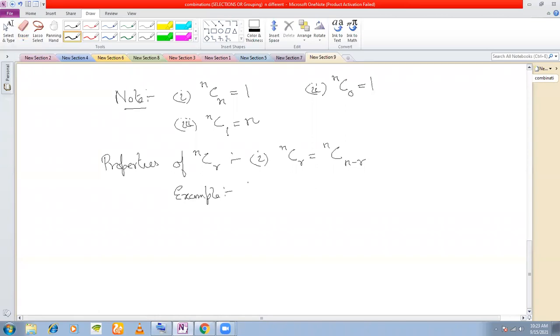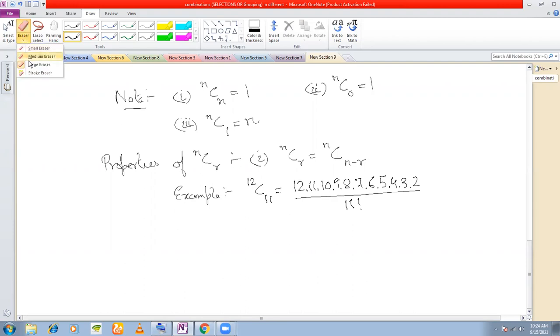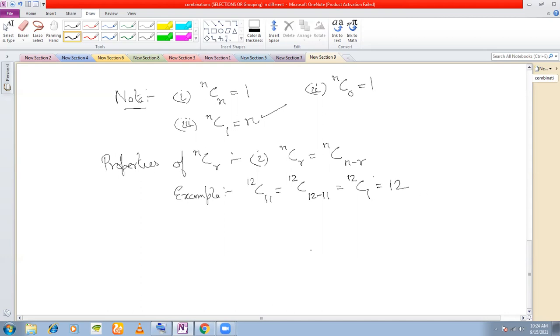For example, if I want to calculate 12C11, will I write it this way: 12 into 11 into 10 into 9 into 8 into 7 into 6 into 5 into 4 into 3 into 2 divided by factorial 11? No, sir. This is going to be very long, isn't it? So in such a case, when the values of n and r are very close to each other, we use this property. 12C11 will be equal to 12C(12 minus 11), which will be equal to 12C1, and NC1 is equal to n, which will be equal to 12.